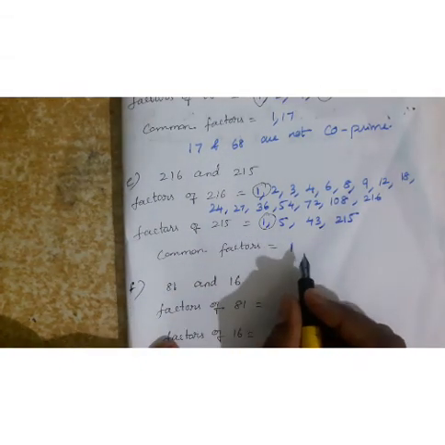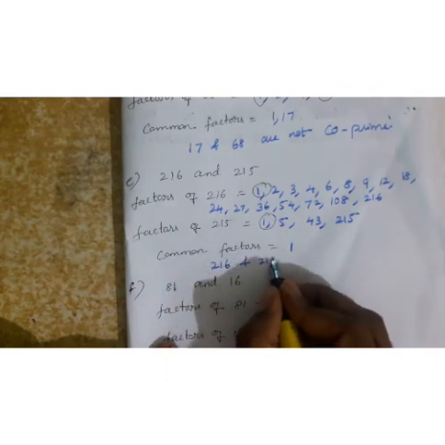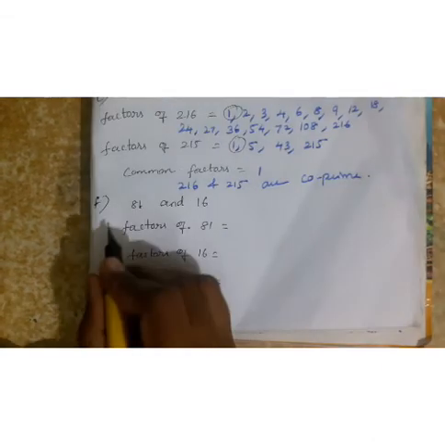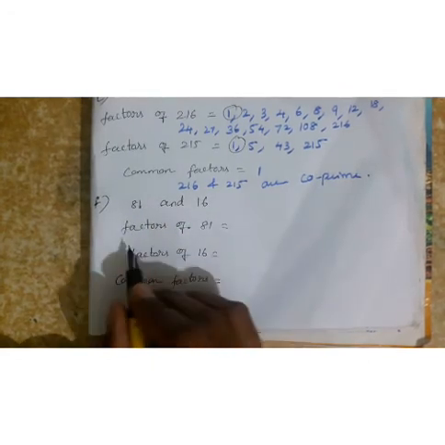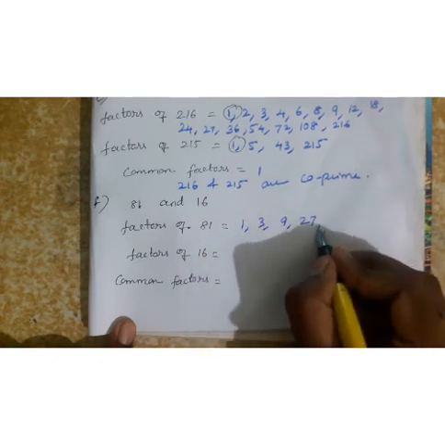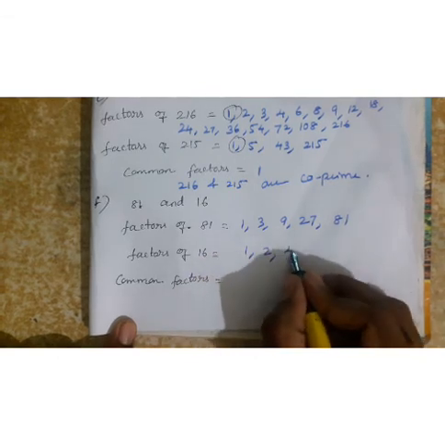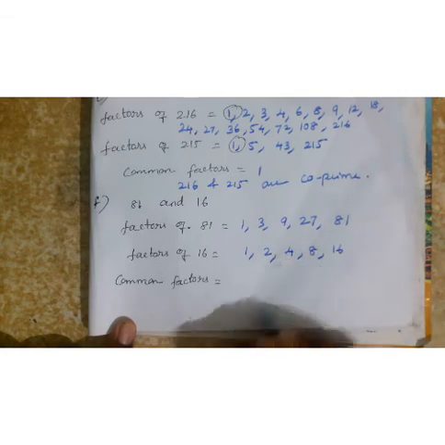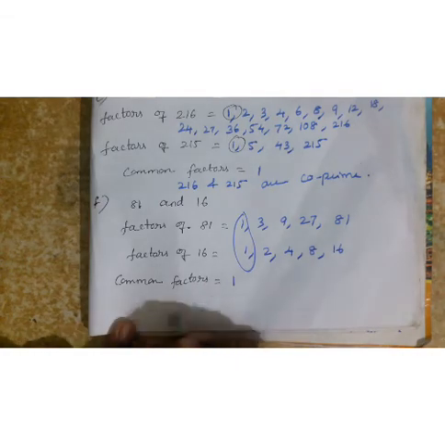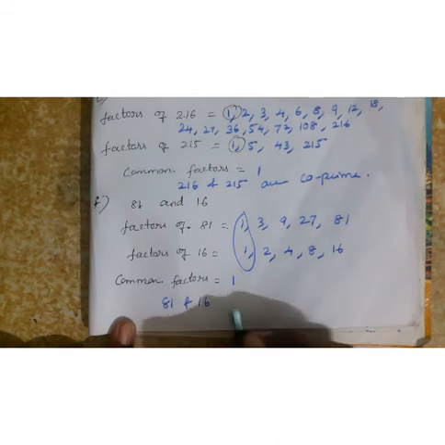Since the common factor is 1, the given two numbers 216 and 215 are co-prime. F part, 81 and 16. Factors of 81 equal to 1, 3, 9, 27, 81. Factors of 16 equal to 1, 2, 4, 8, 16. So the common factor is 1. Since the common factor is 1, the given two numbers 81 and 16 are co-prime numbers.